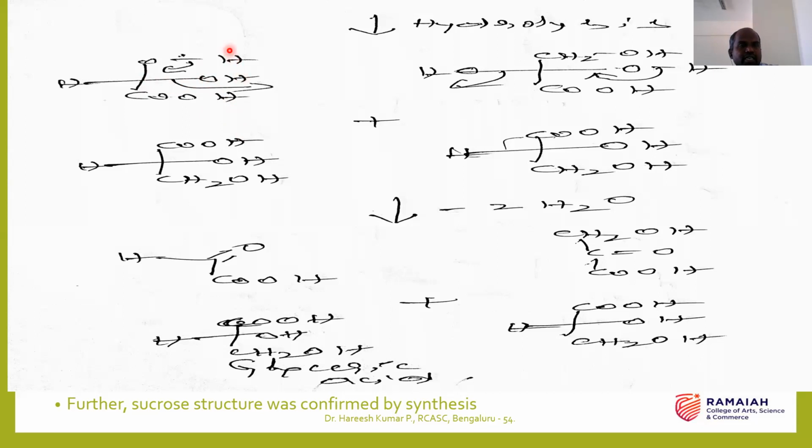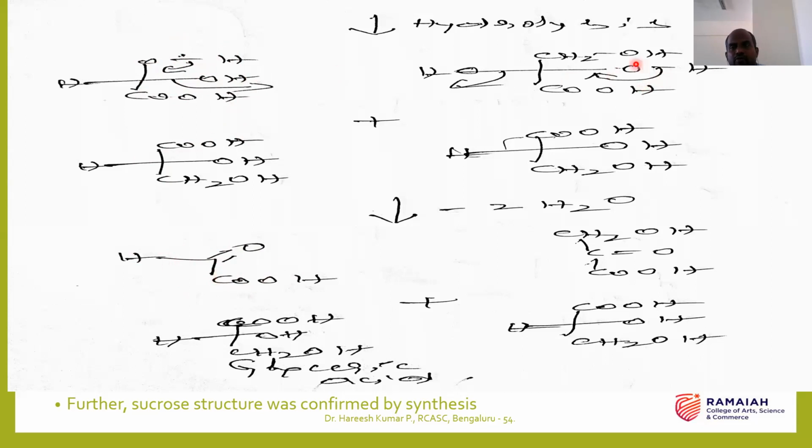How does the dehydration occur? H and OH go out, and the bond pair comes over, which means a carbonyl is formed. This one is glyoxaldehyde. After removal of water, this moiety gives glyoxaldehyde.